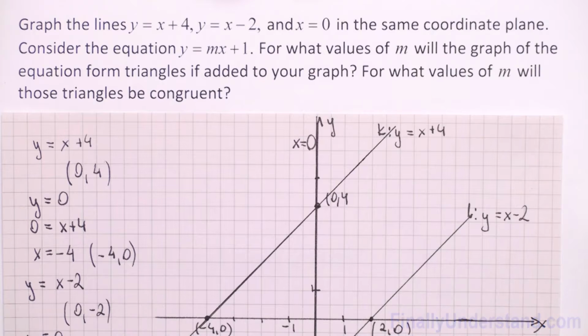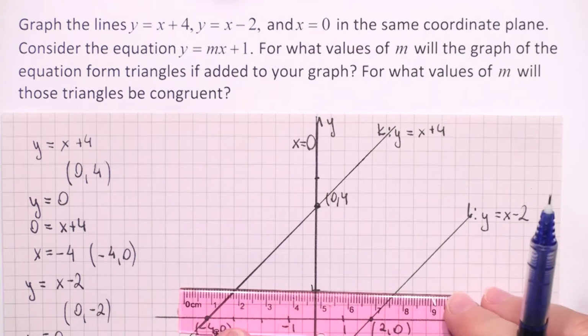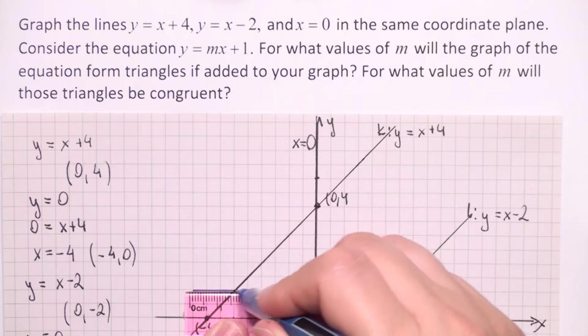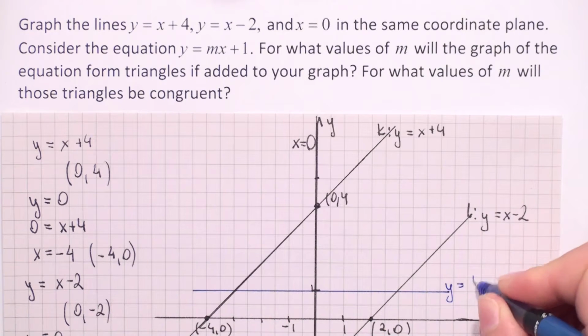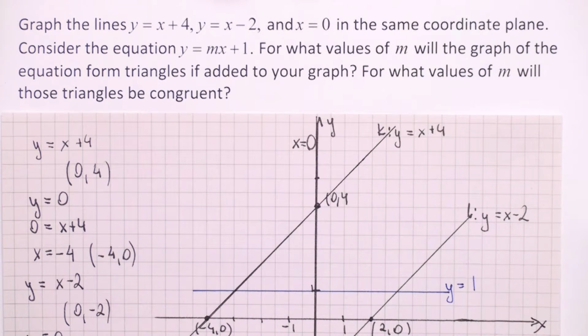So let me draw this line. We have y is equal to 1. This is a line which is parallel to the x-axis. This is our y equals 1. So now we see that we got 2 triangles.